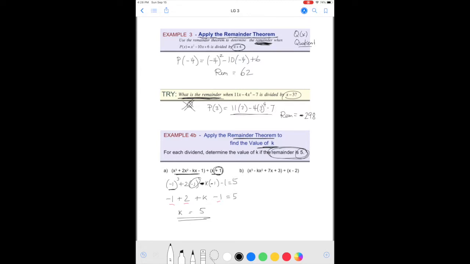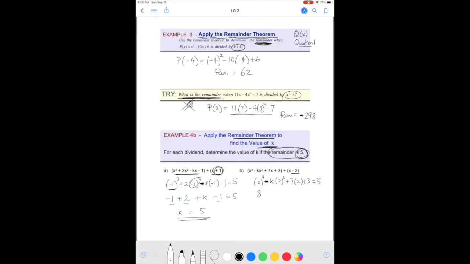So likewise here, we're going to put +2, because remember it's the opposite. And then we have, whoops, keep the plus there, it's a minus k. And then 2 plus 3, and remember it equals the remainder. So in this question it's 5.